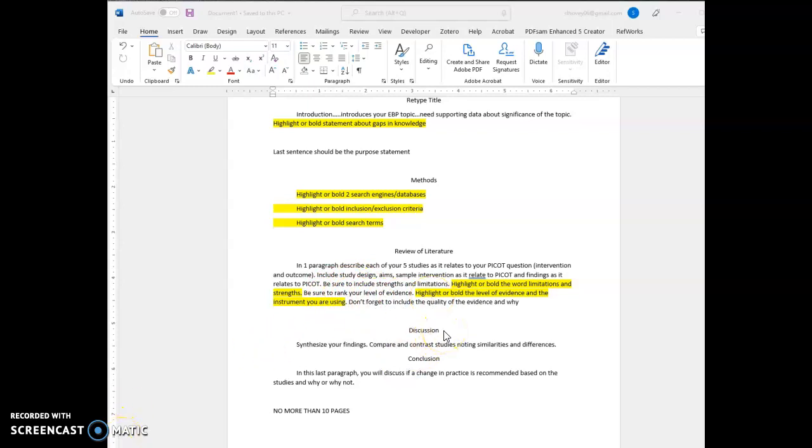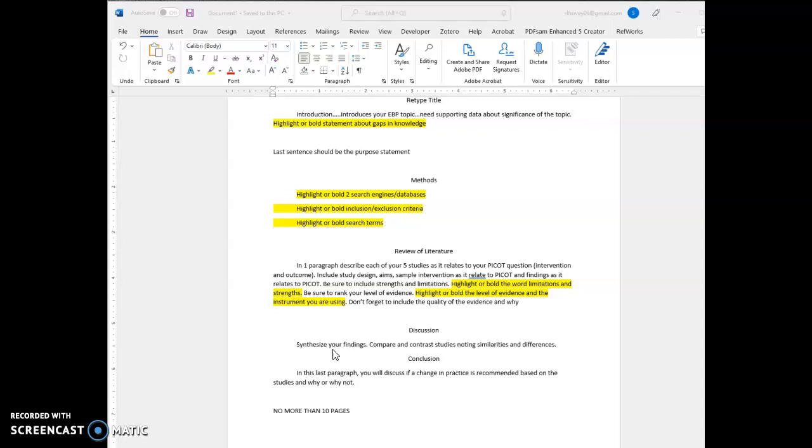The next section is the one that's probably the most challenging for students to write, and it's the discussion. Again, you're going to include a level 1 heading here, but you're going to synthesize your findings. So basically what you're doing is you're taking the findings from all 5 studies and you compare and contrast those studies, noting similarities and differences.